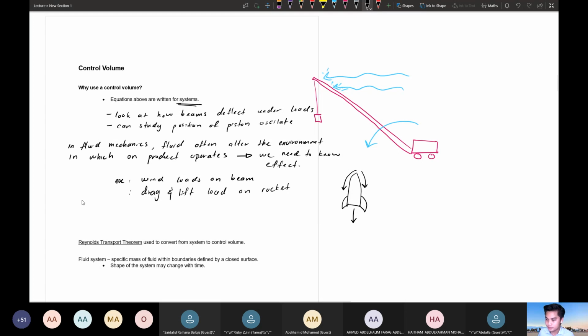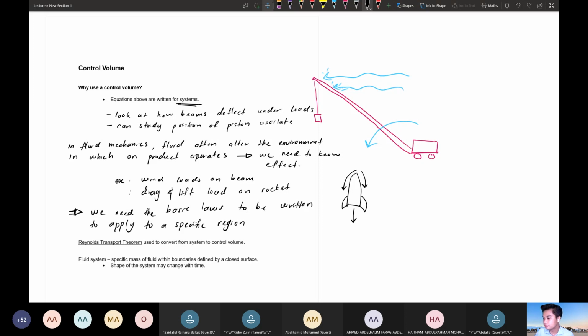So from here we need the basic laws to be written, okay, and to apply to a specific region in the area of the product.